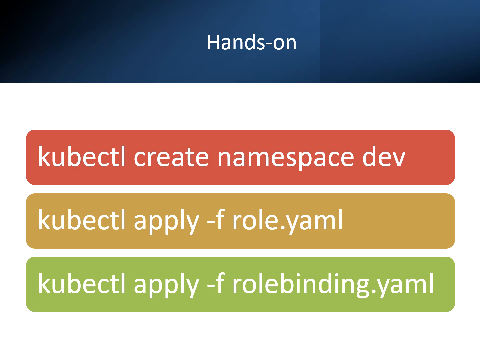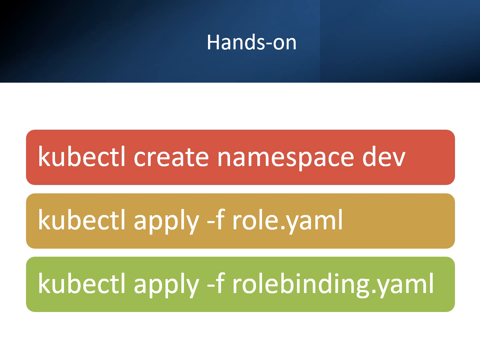We'll quickly see a few of the commands for the demo so you can practice. If you want to create a namespace, you can use the command kubectl create namespace development. Next, we create a role. This role allows users to get pods, list pods, and watch pods, and we apply the role with kubectl apply.